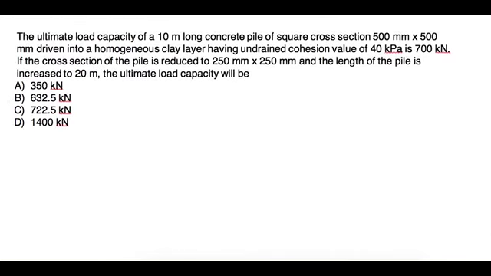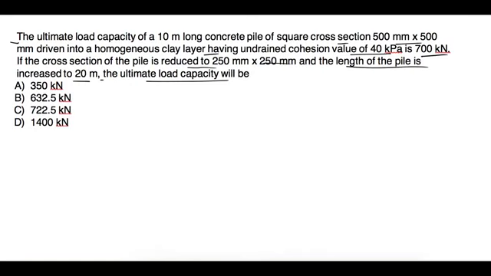Let's see one more question. The ultimate load capacity of a 10 meter long concrete pile of square cross section driven into a homogeneous clay having undrained cohesion value of 40 kPa is 700 kilonewton. If the cross section of the pile is reduced to this, and the length of pile is increased to this, you have to find out the ultimate pile load capacity.